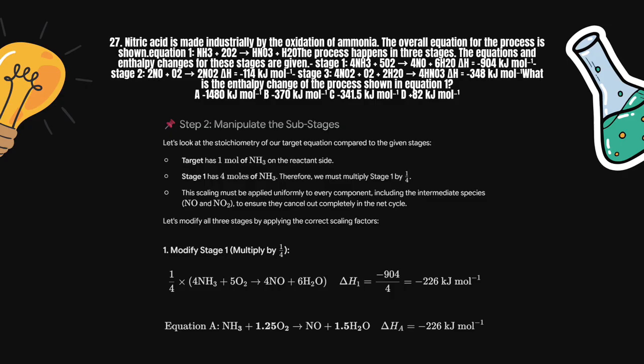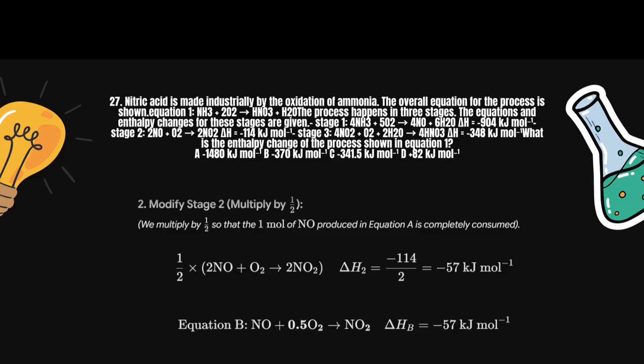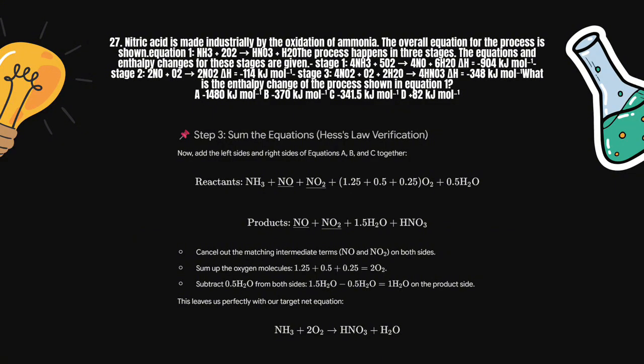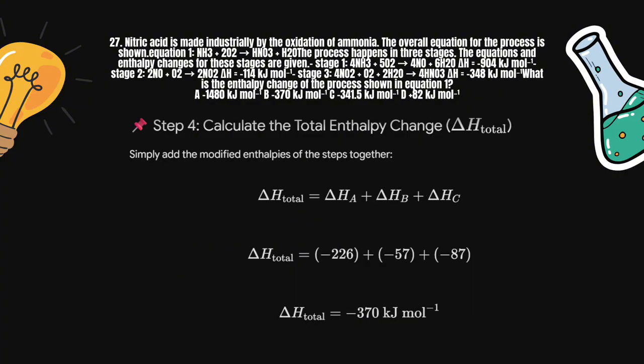Step 2, you have to modify stage 2. In step 3, you sum the equations using Hess's law verification. And step 4, you calculate the total enthalpy change. And then we got the answer, negative 370. So the correct answer is B.